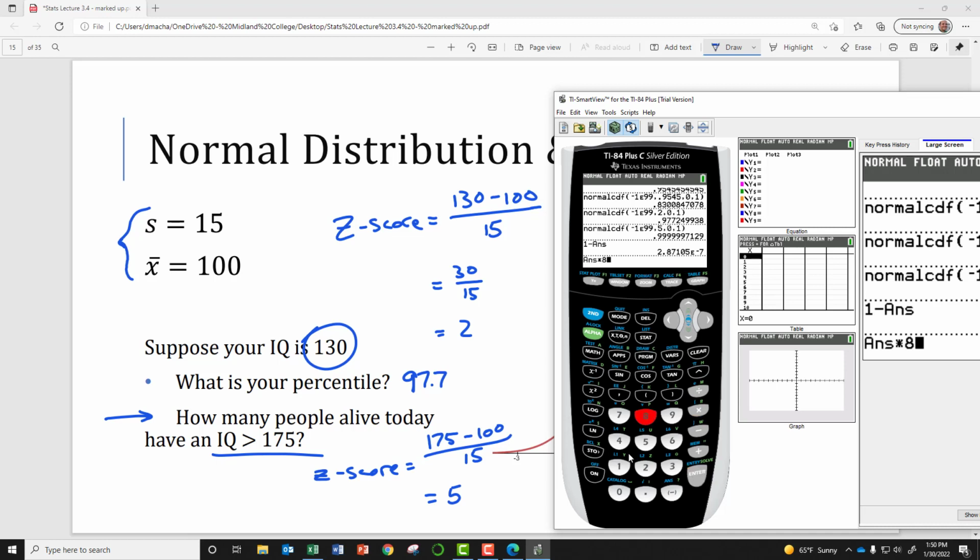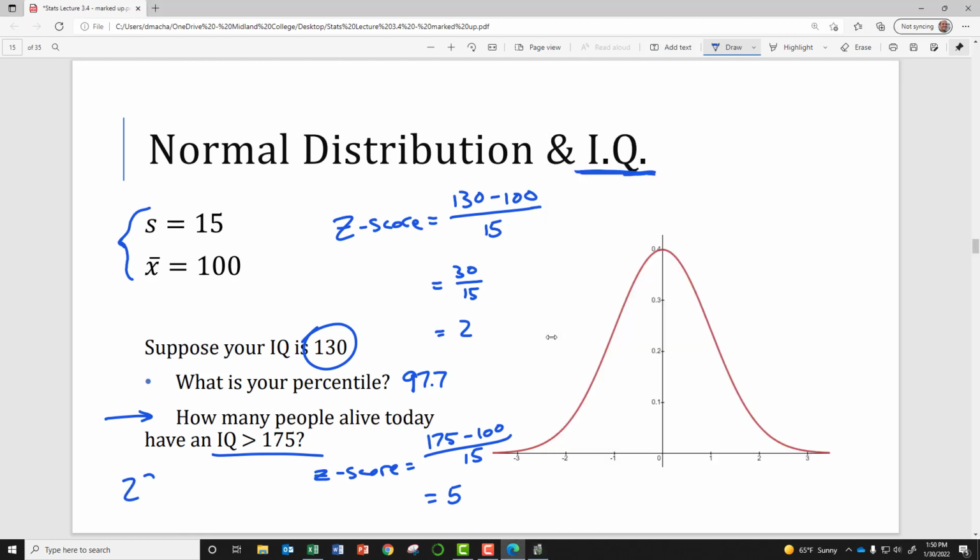And then let's multiply by 8 billion, which is just an approximation, a guess of how many people are probably in the world today. And it turns out, if I round up to 2297, that means there's about 2,297 people alive in the entire world today that have that high of an IQ.